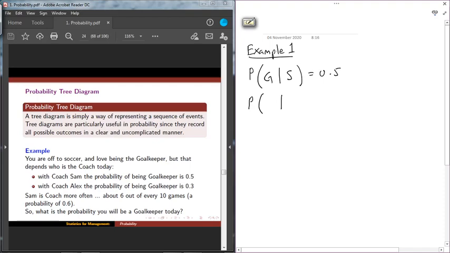When Coach Alex is the coach on that day, the probability of you becoming a goalkeeper is 0.3. Sam is coach more often, about 6 out of every 10 games. So the probability that Sam becomes the coach is 6 out of 10, and that would be this.